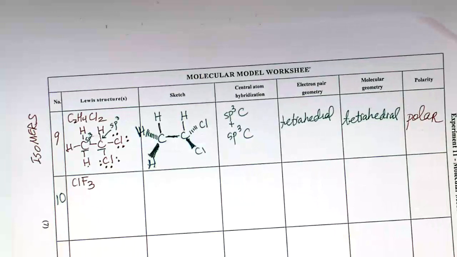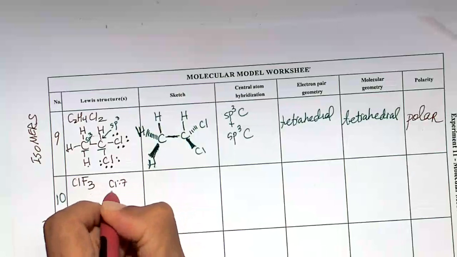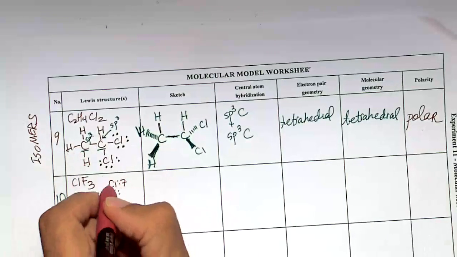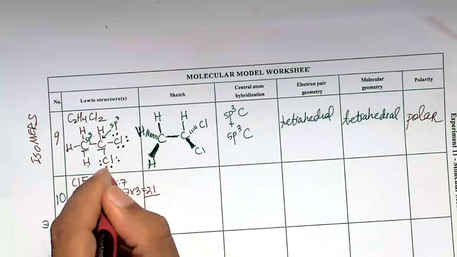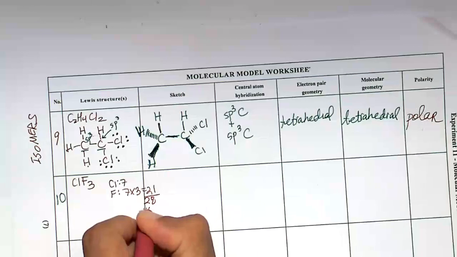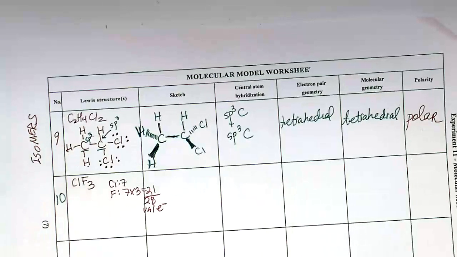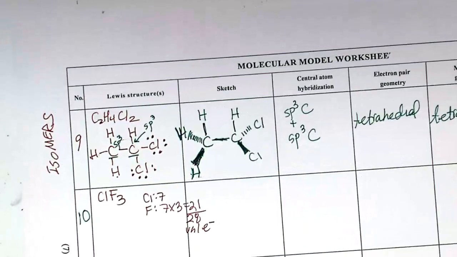All right, our last one here is ClF3. What is Cl happy at? Halogen, 7. What is fluorine happy at? It as well is a halogen, so 21 plus 7. We've got to get 28 valence electrons around ClF3.